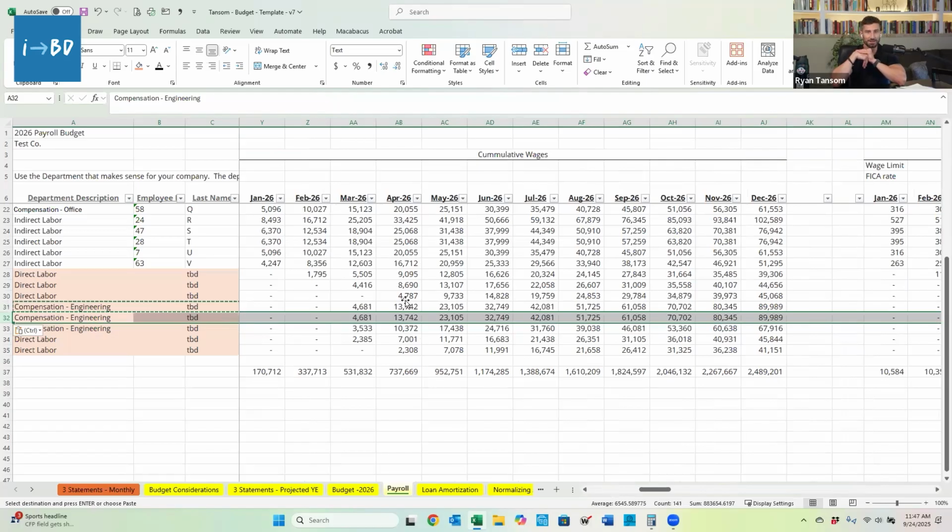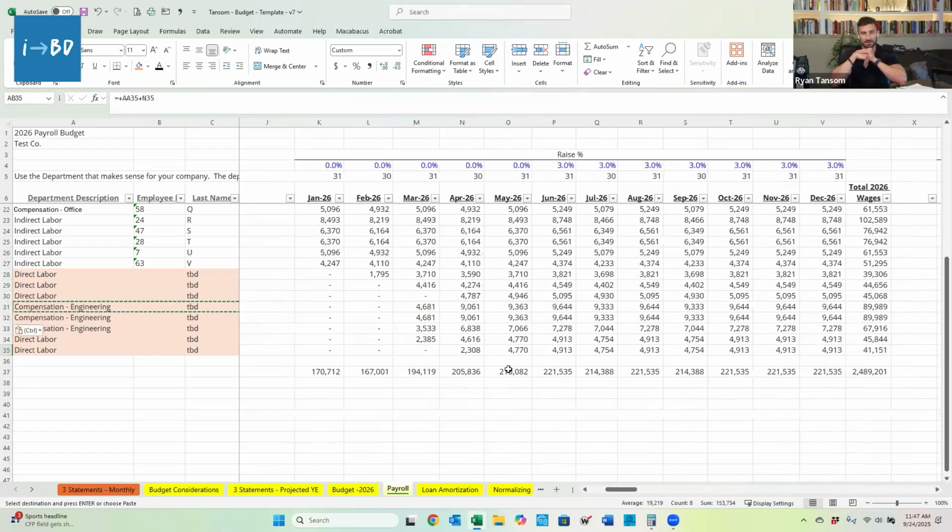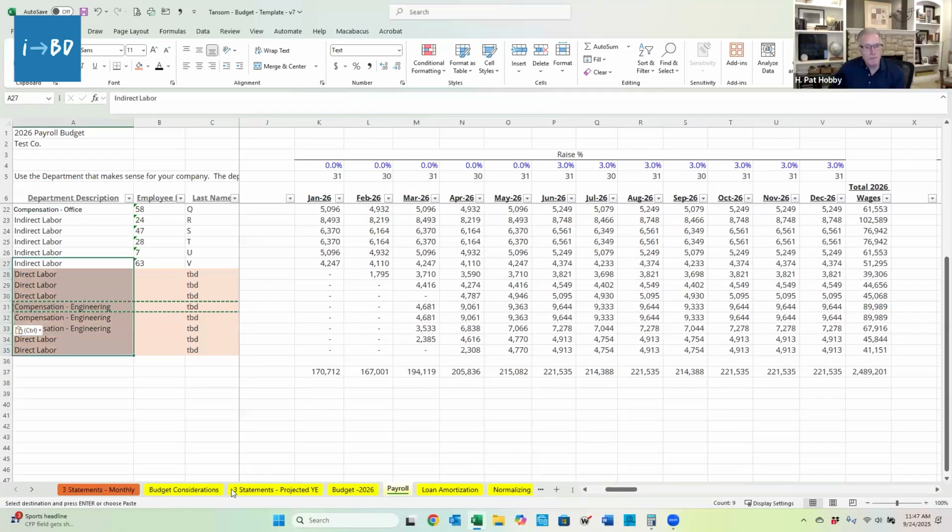You then put in the May start date and all those additional details, and all of a sudden that payroll pops into the appropriate columns, the appropriate months, that then roll into the income statement.